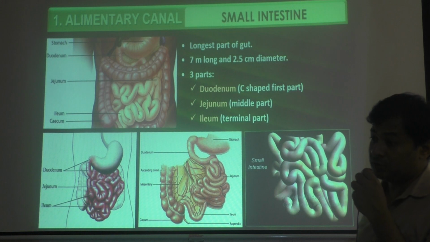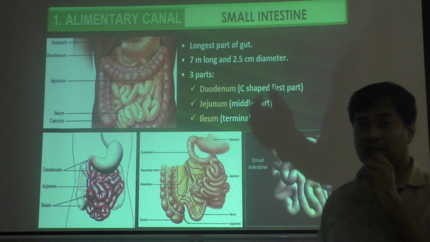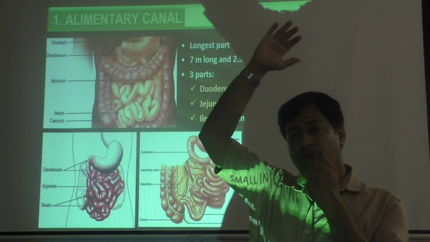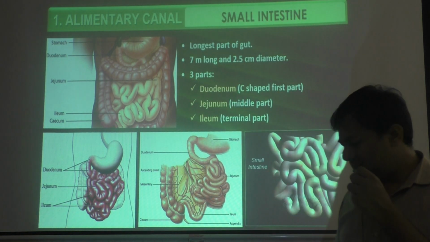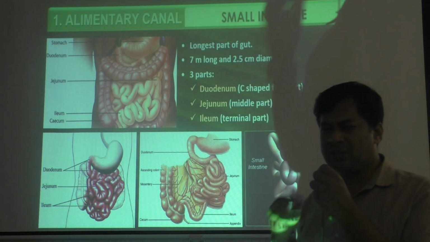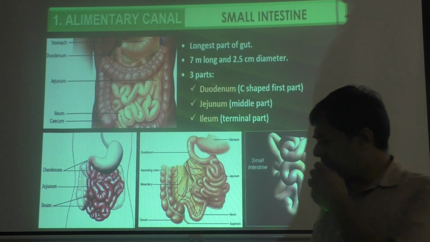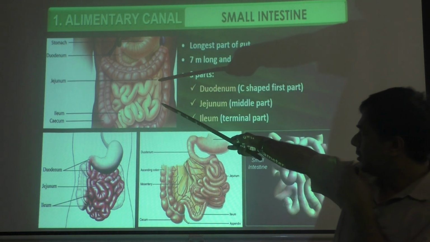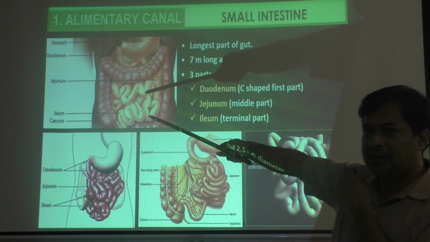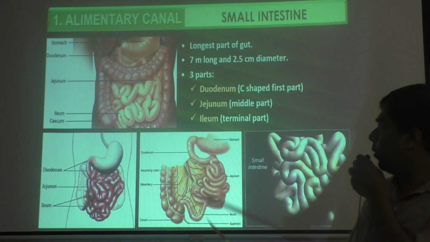Then you may think how that long tube is arranged in a very small area. It is simple, because it is not a straight tube, it is arranged in a coiled manner. You can see there clearly in the center that it is arranged in a very coiled manner.